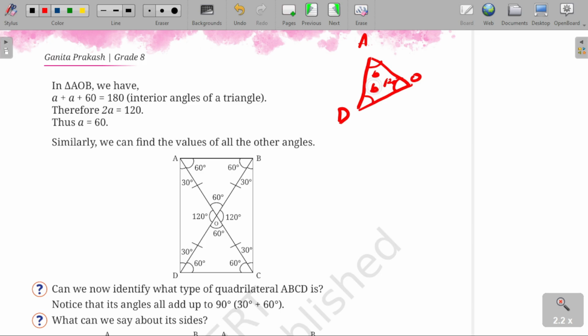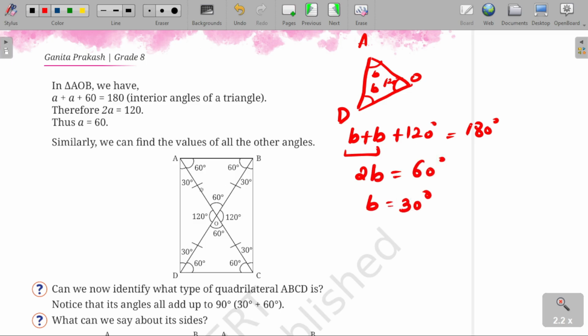Let's say these are B. Applying the angle sum property here, angle B plus angle B plus 120 degrees equals 180 degrees. By solving, 2B is 60 degrees, so angle B will be 30 degrees. That's the reason they have marked 30 degrees on both sides. Similarly in this triangle. In this way we can find the other angles.